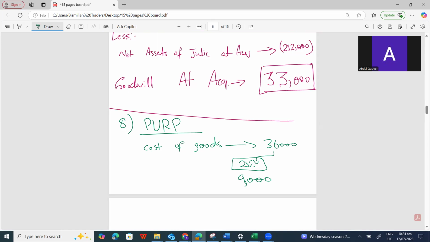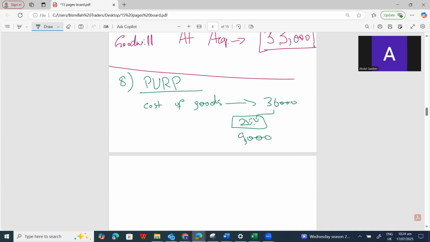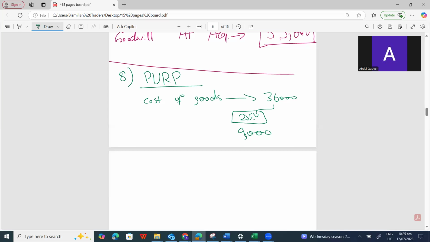The 25% is remaining inside the companies, so we need to eliminate that portion of PURP. Intra-group transactions we have to remove. This is unrealized profit, like one hand selling to another hand, one body doing a transaction with another body. This can't happen in consolidation.